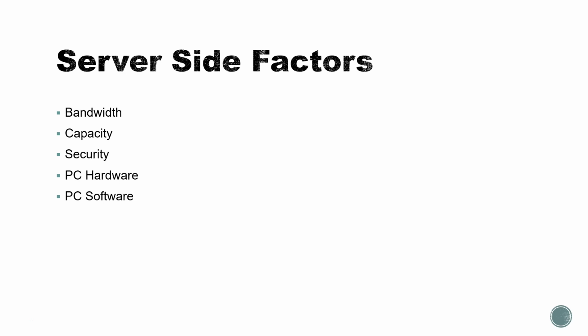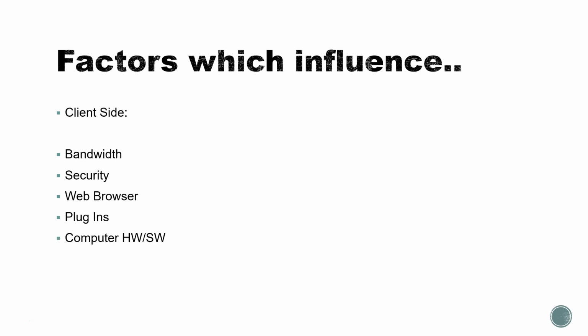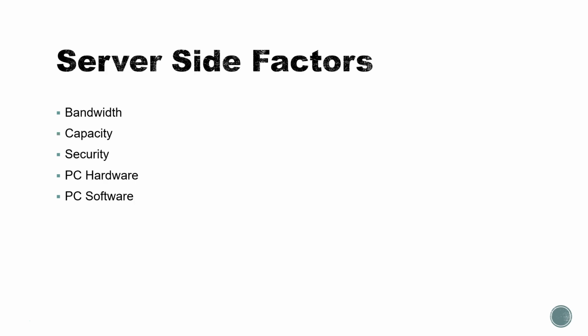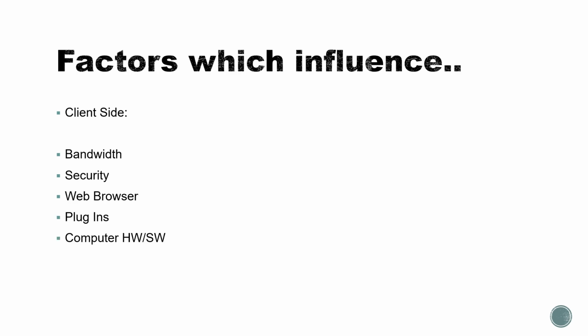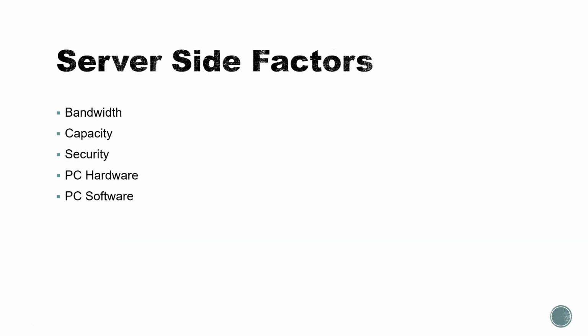And obviously we're looking at hardware and software for the same reasons which we outlined on the client side. Now, these two slides are not exhaustive. You're welcome to come up with other examples of these if you so wish. And when you are talking about these in any submission, I would highly recommend that whereas I've got computer hardware, computer software, or PC hardware, PC software, the same thing, you actually specify the hardware and the software.